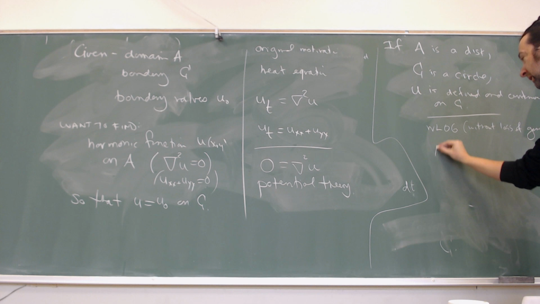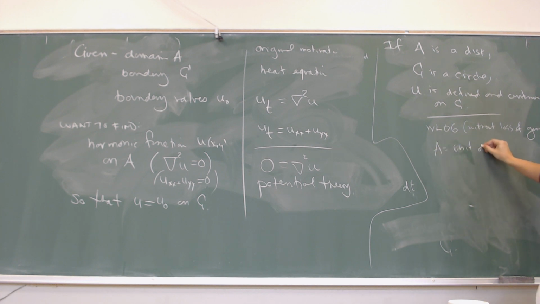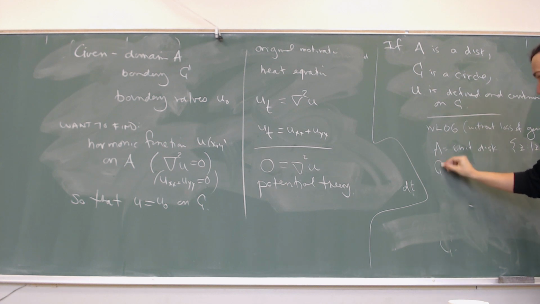We might as well assume that A is the unit disk, so that's the set of z where the modulus of z is less than 1, and C is equal to the unit circle, so the modulus of z is equal to 1.